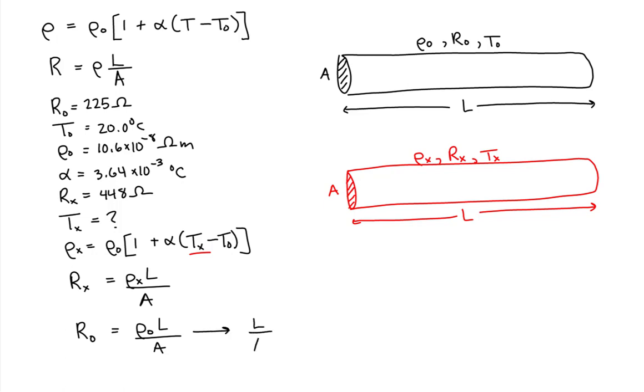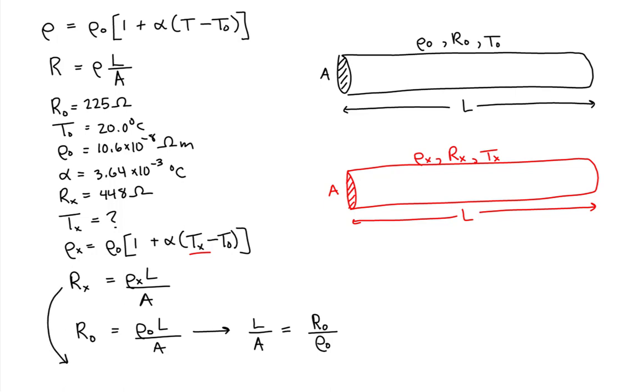Let's get our expression for L over A, because those are two unknowns, and express L over A in terms of our resistance and resistivity at 20 degrees Celsius.